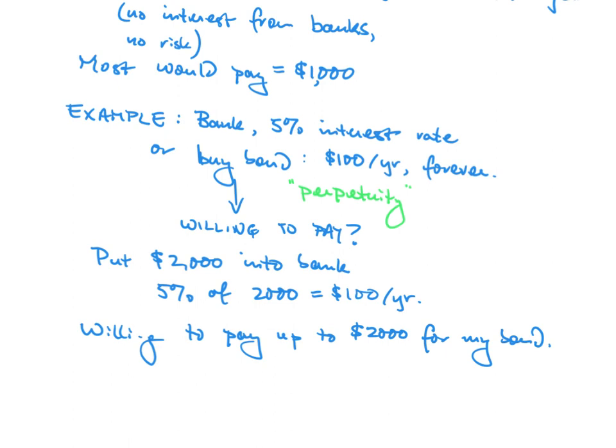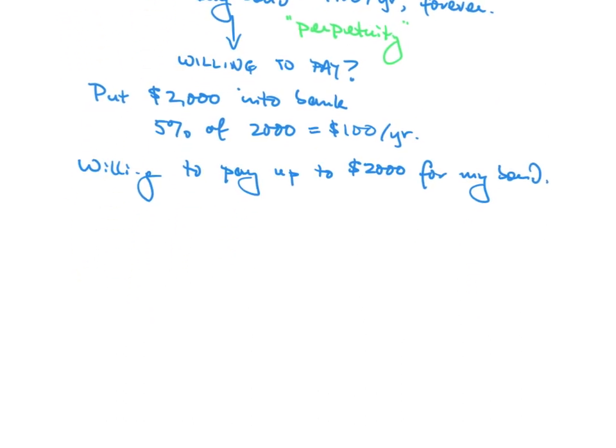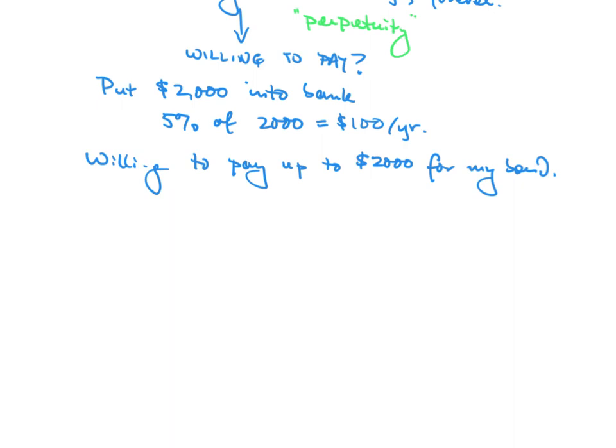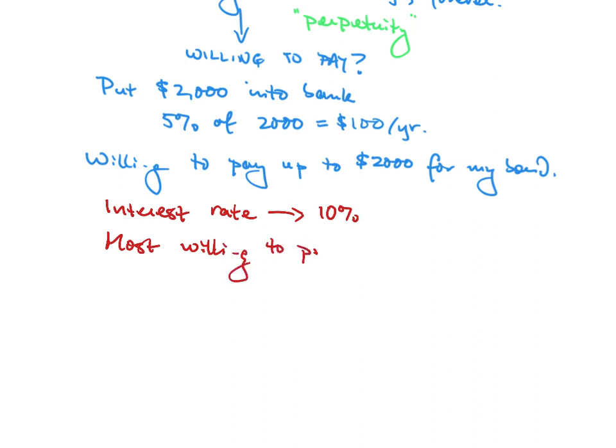Now, a couple of things will impact this. One thing I'll point out is that the interest rate in the market will definitely change the value of this bond and what people are willing to pay for it. So if the interest rate at the bank went to 10%, again, that's what banks are offering, then the most you would be willing to pay for my bond would be $1,000.